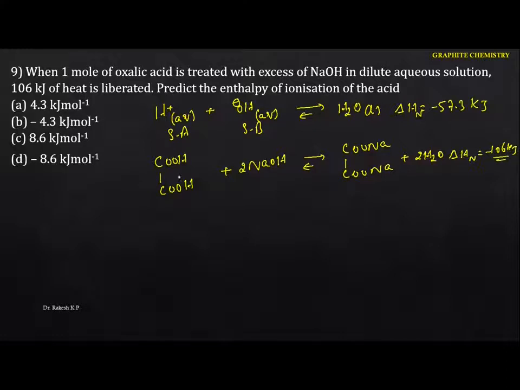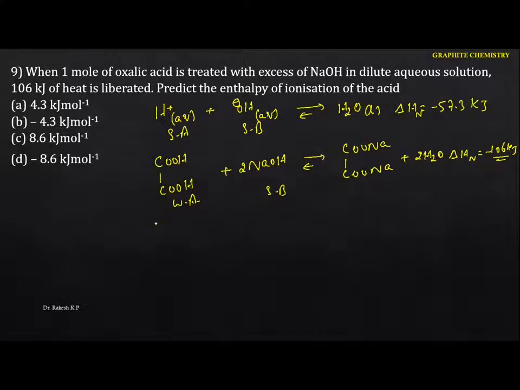Okay, so now you just identify this concept, especially this one here. It is a weak acid, and this one is the strong base. Okay, but if it is the strong acid, so let me take this as the second reaction.